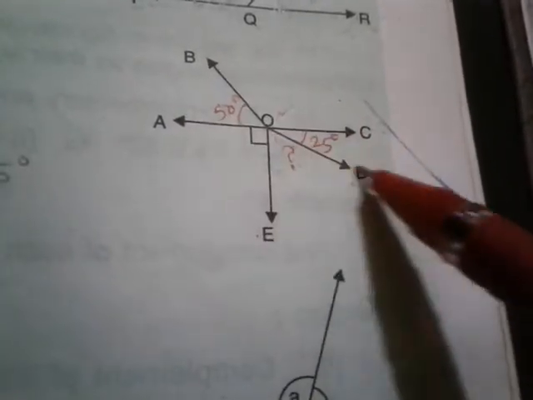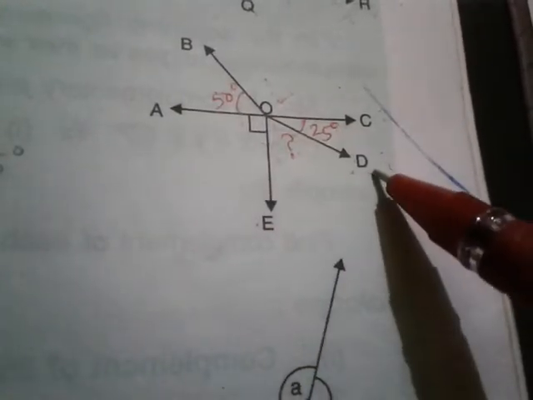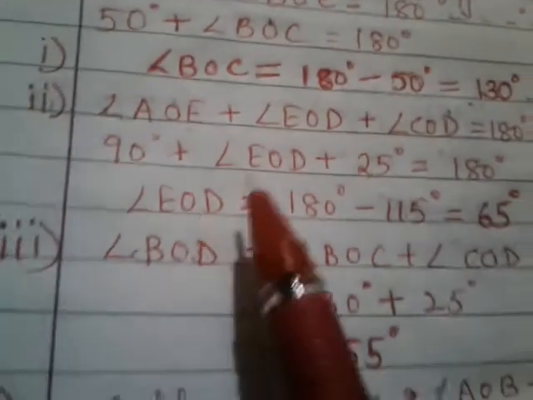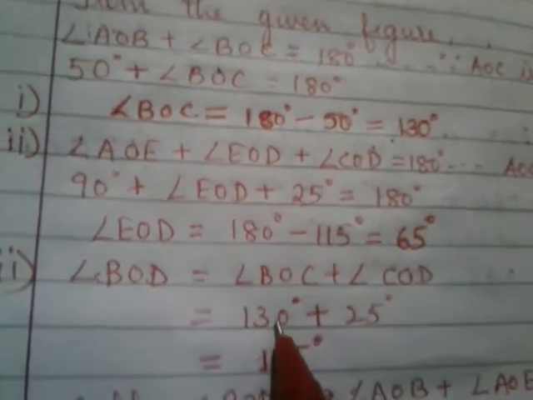Angle BOD is angle BOC plus angle COD. This full angle is this angle plus this angle. BOC we have found just now. So this plus this will give you angle BOD. So angle BOD is angle BOC plus angle COD, 130.